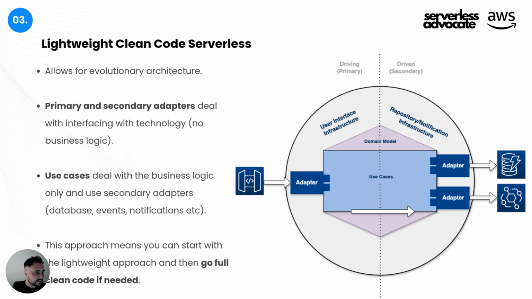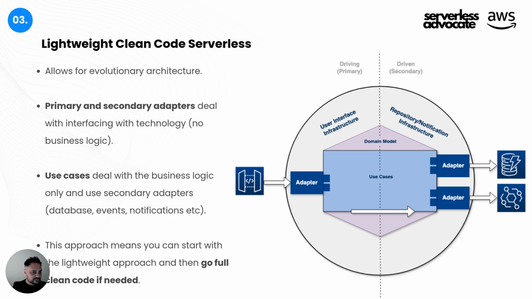So if we first look at the lightweight clean code pattern, this allows for evolutionary architecture. We can see we've got primary and secondary adapters here, those blue boxes. So primary is the adapter for the technology coming in. So it's API Gateway in this instance. And going out, we've got adapters or secondary adapters for writing to DynamoDB or publishing events to EventBridge.